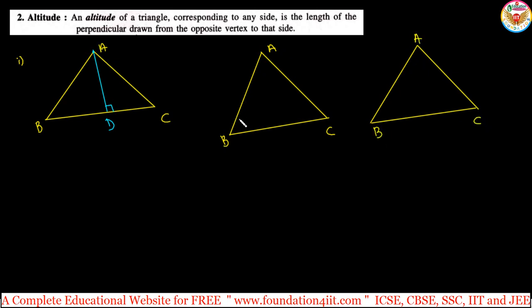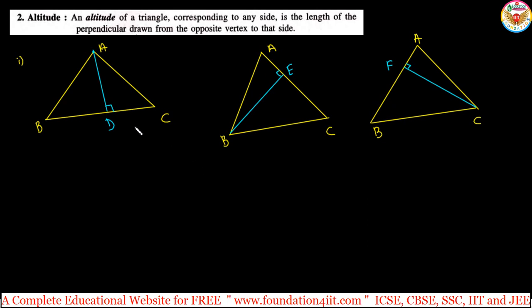Now from B we can draw a perpendicular to the opposite side, say BE, and from C we can draw a perpendicular line, CF. So CF is perpendicular to AB, BE is perpendicular to AC, and AD is perpendicular to BC. That's why AD is the altitude corresponding to the side BC, BE is the altitude corresponding to the side AC, and CF is the altitude corresponding to the side AB.